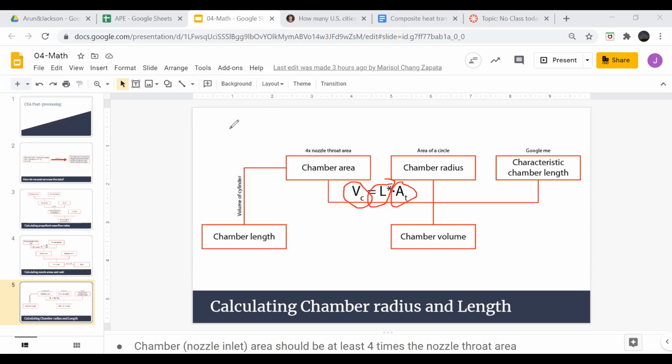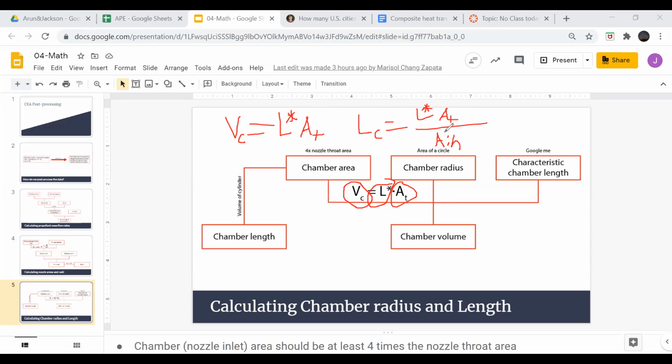I just literally say that since chamber volume equals L-star times throat area, you can find the length of your chamber just by taking that and dividing it by the inlet area you selected or found in the last step.